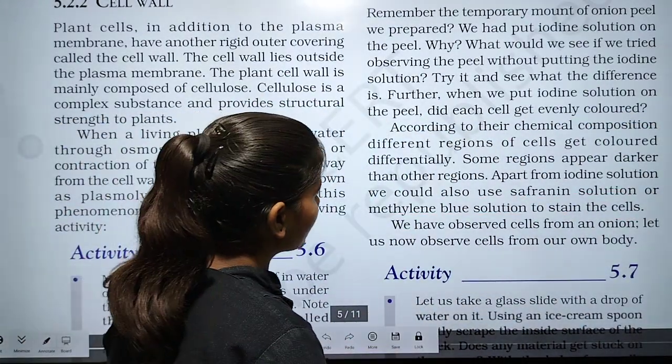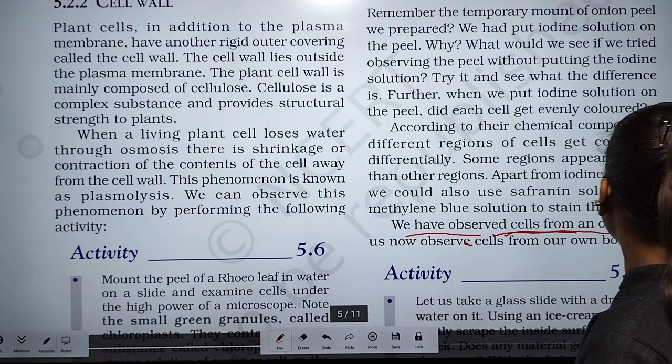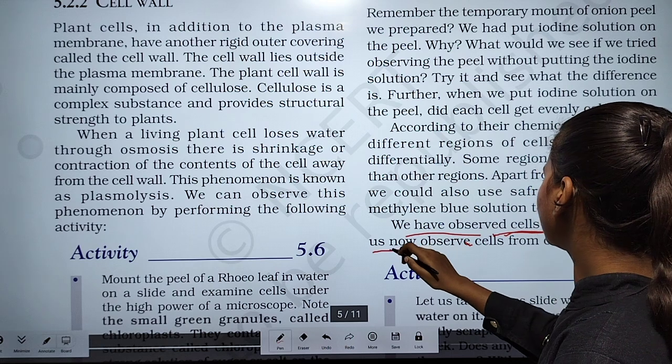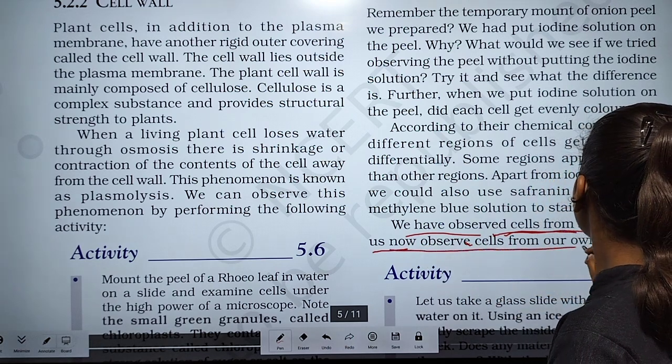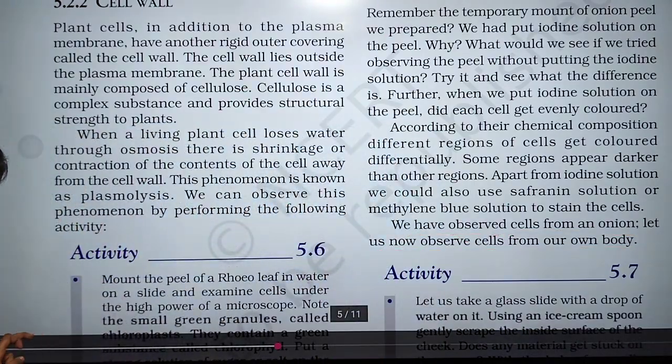We have observed cells from an onion. Let us now observe cells from our own body.